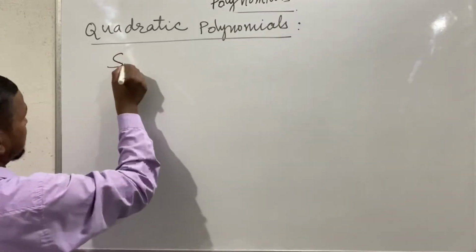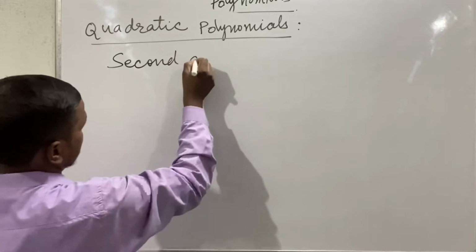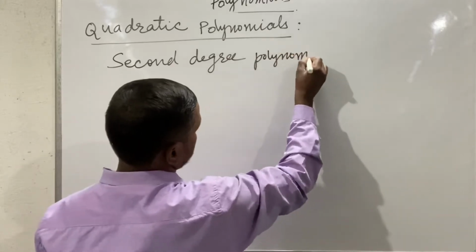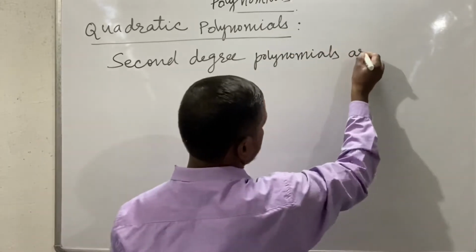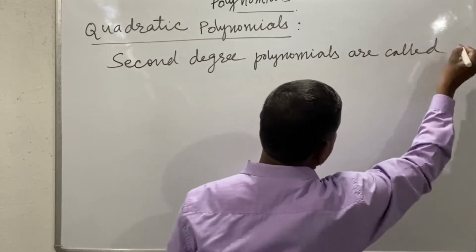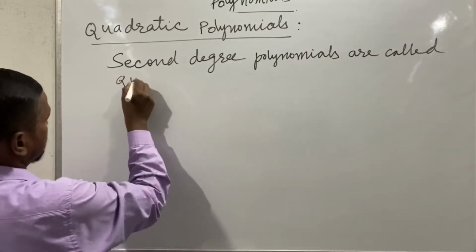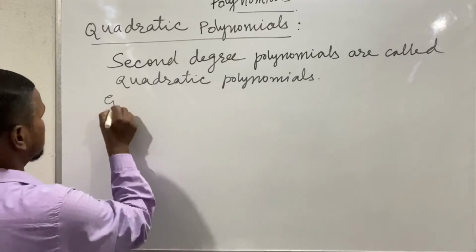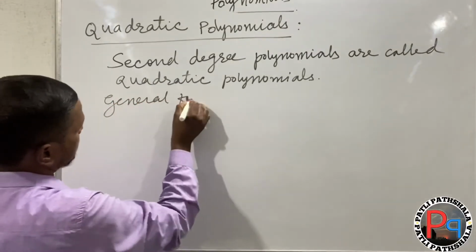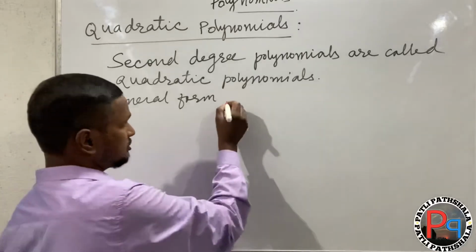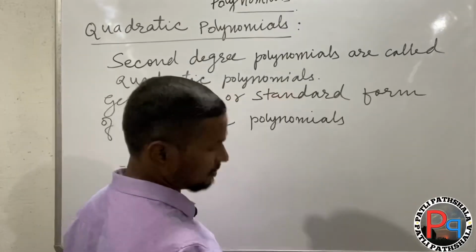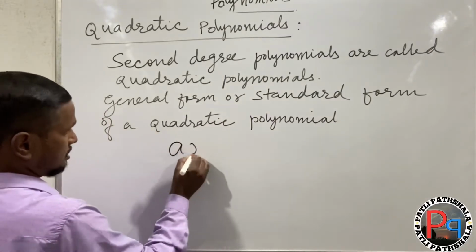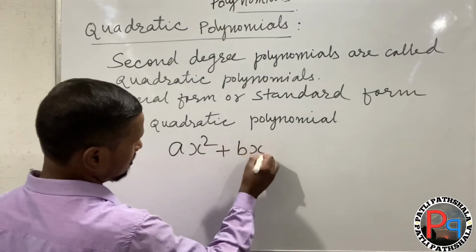We can say second degree polynomials are called quadratic polynomials. So the general form, or we call it the standard form, of a quadratic polynomial is ax square plus bx plus c.